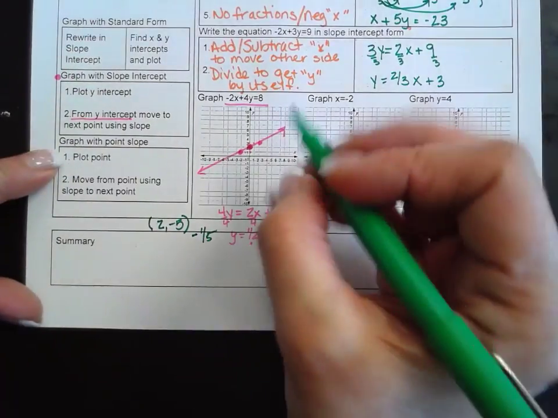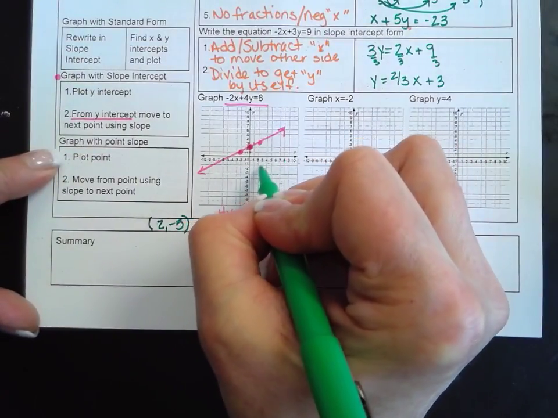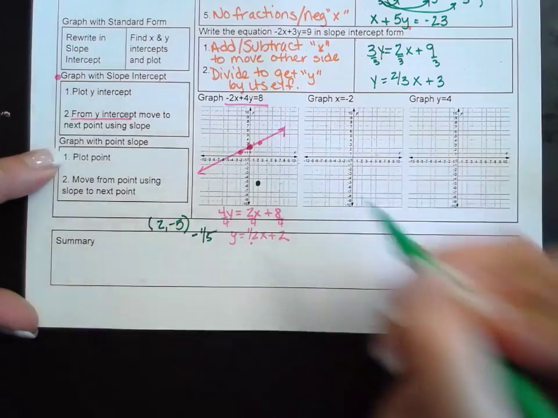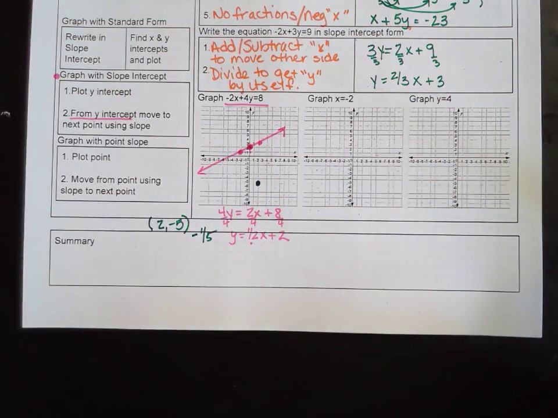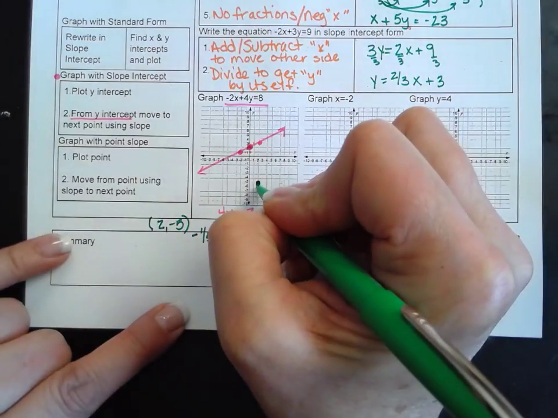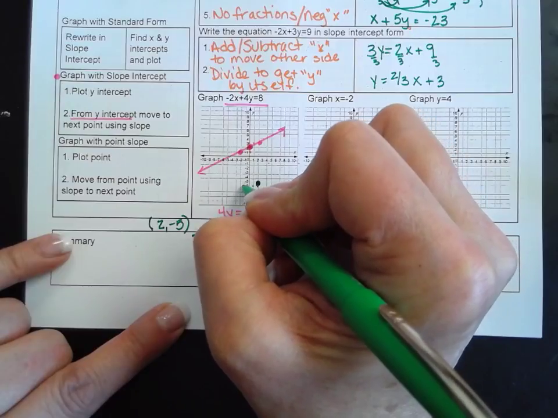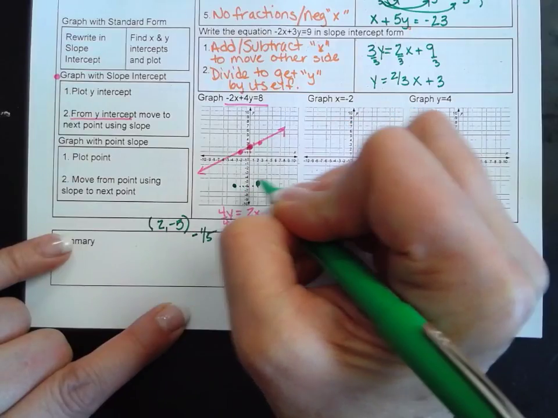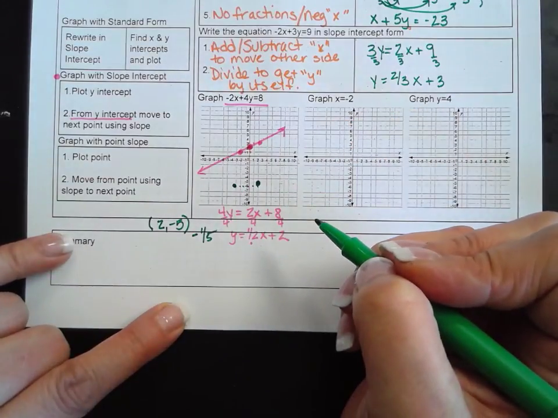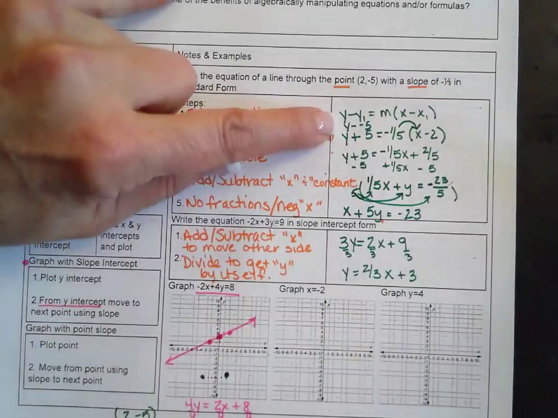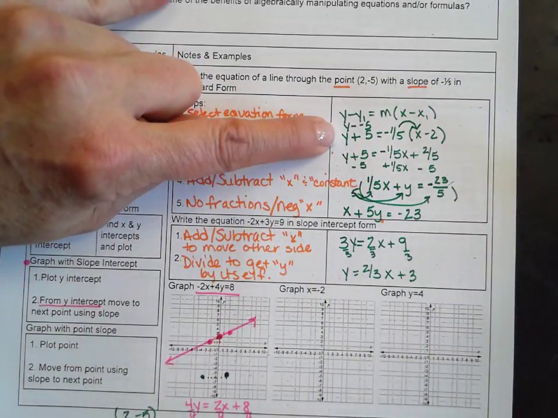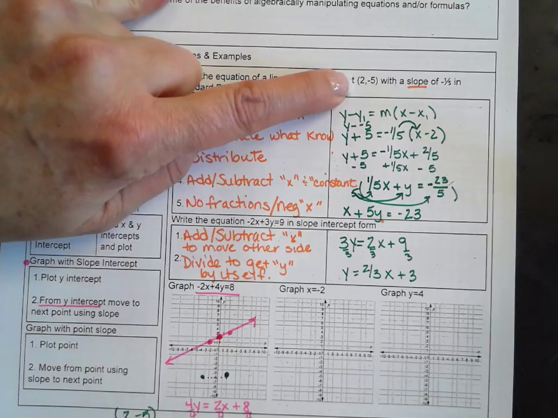Plot your point, so I go over 2 and down 5, and then just use your slope. So down 1 and over 2, 3, 4, 5. Wait, what are you getting? How are you getting... From our point slope one up here.